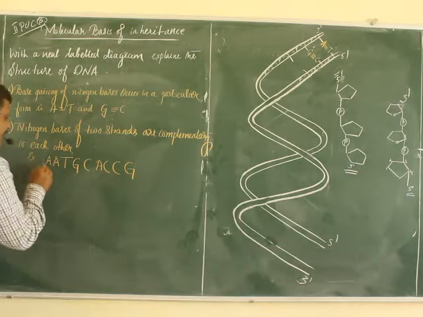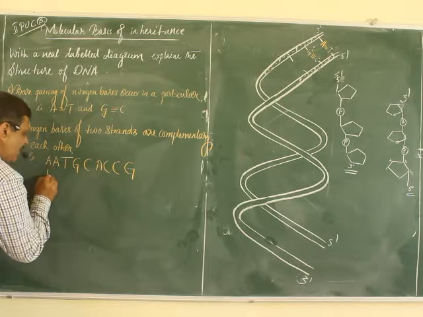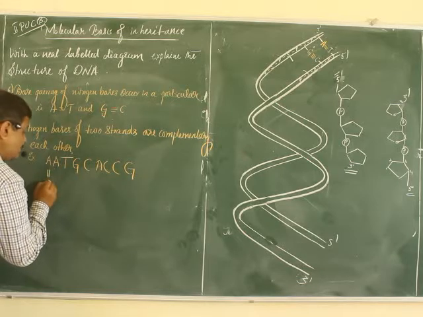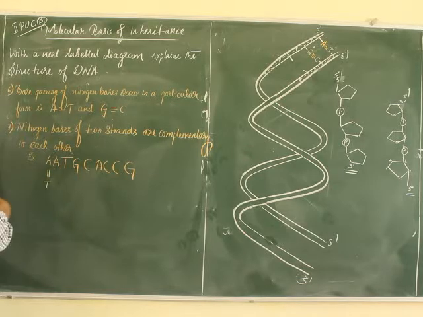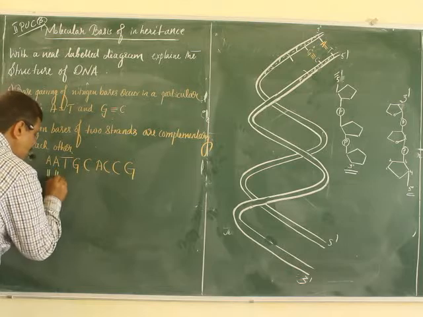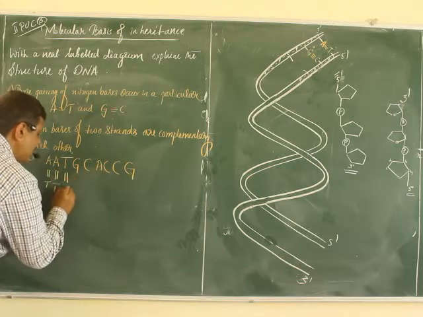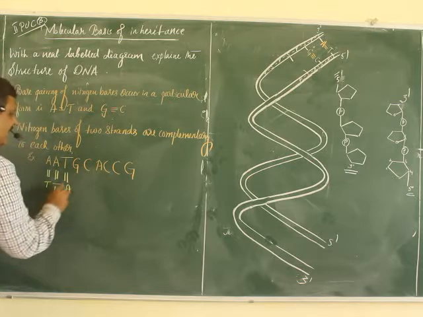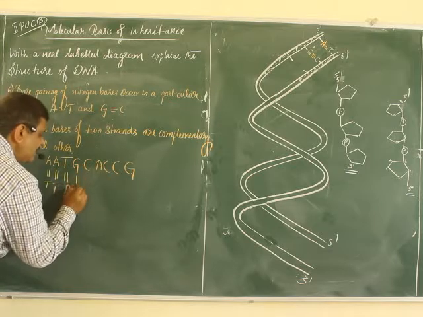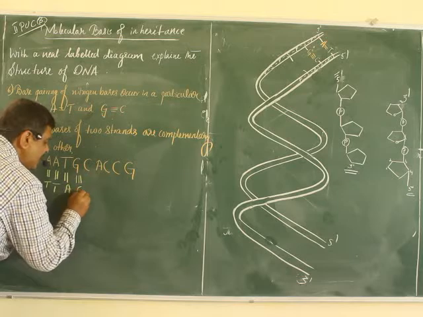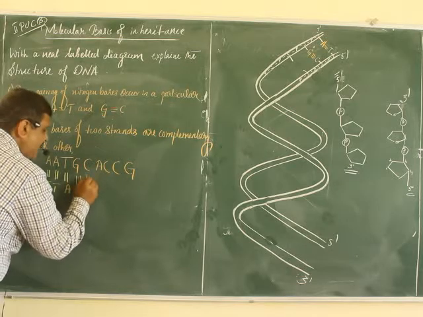So, in front of adenine there is always a double bond, and what should be there? Thymine. So here also thymine. Guanine pairs with cytosine with 3 hydrogen bonds. Cytosine pairs with guanine.